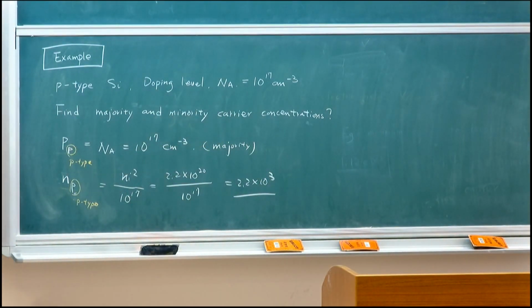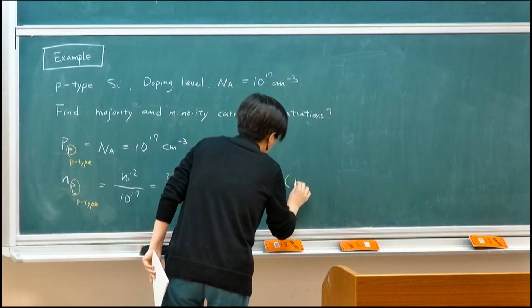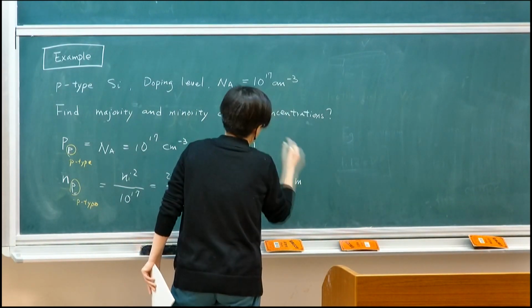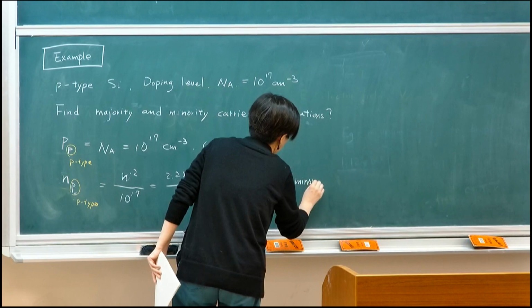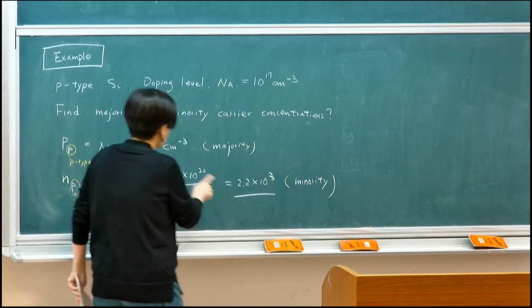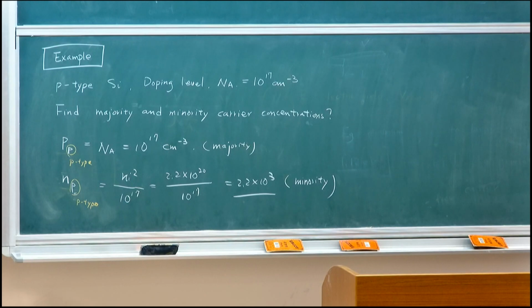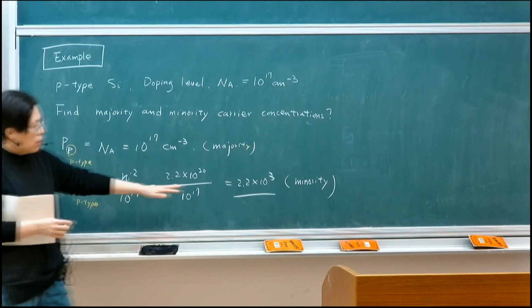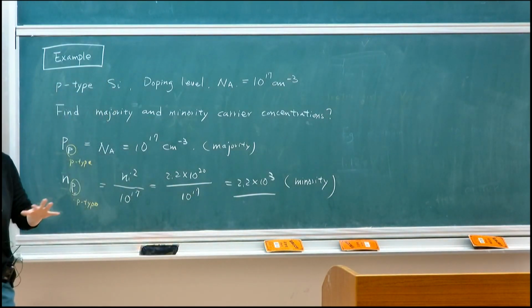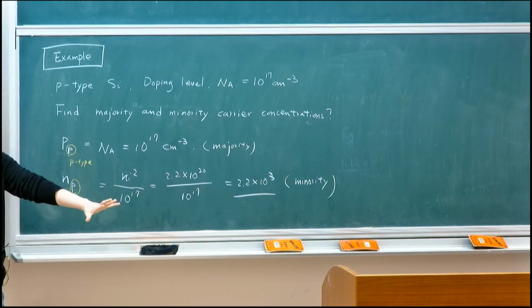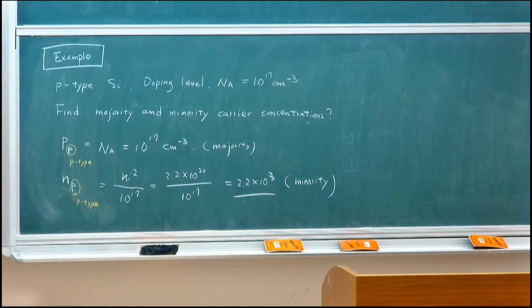Okay? So even if you dope only a little bit, it's not very heavily doped in this case, you will see the contrast between the two types of carriers is very drastically different. Even though I'm not doping to a very heavy level, the minority is very low. As I said, you flush it with a lot of seats, therefore no one's standing. Okay, so this is p-type. Okay, good.